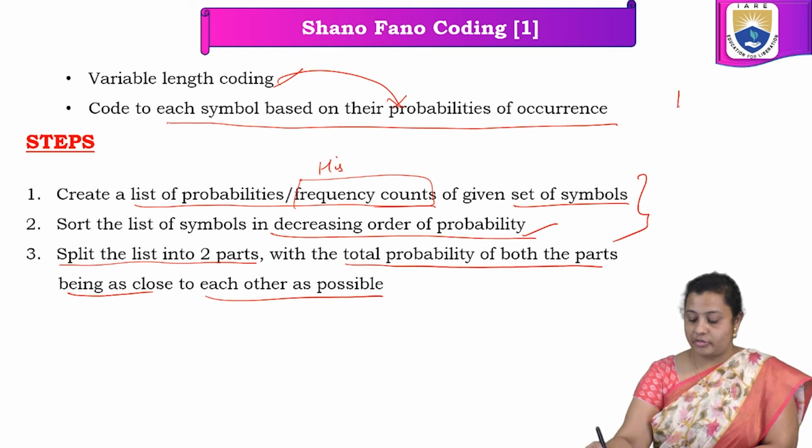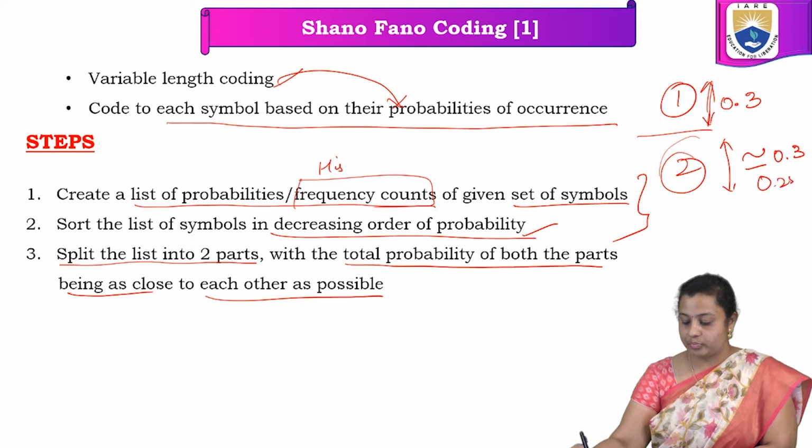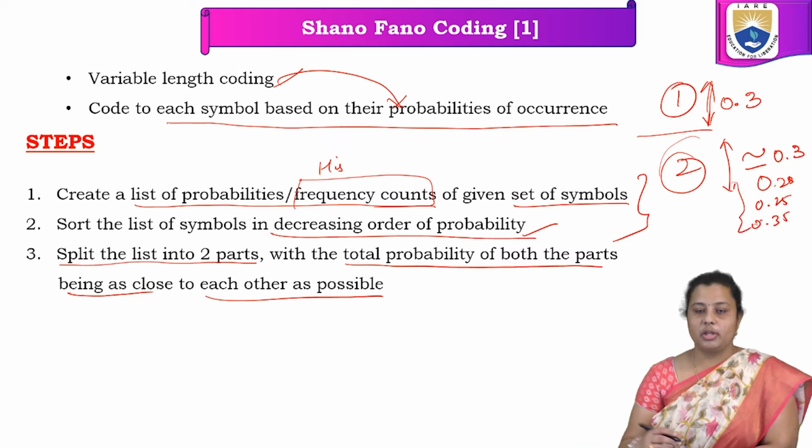Say after dividing, if adding all the probability values in set 1 gives 0.3, then subgroup 2 should also be similar to 0.3. It can be 0.2, 0.25, 0.35, and so on. The closest possible similarity is achieved.